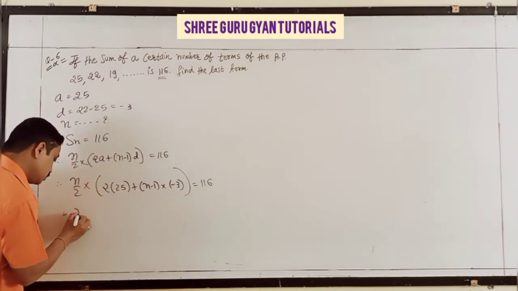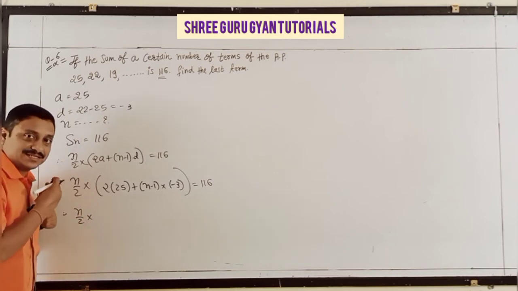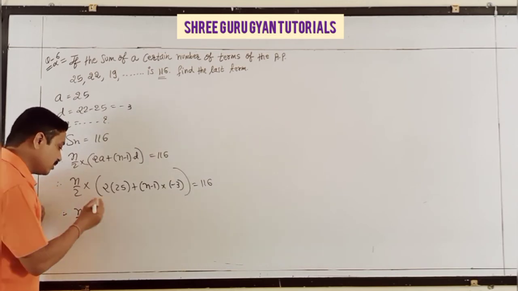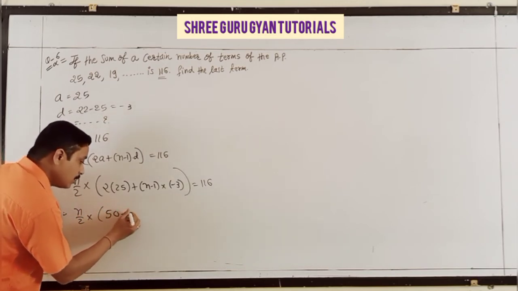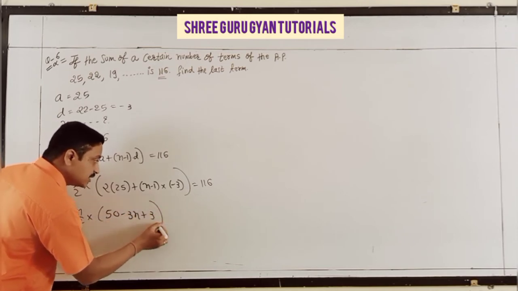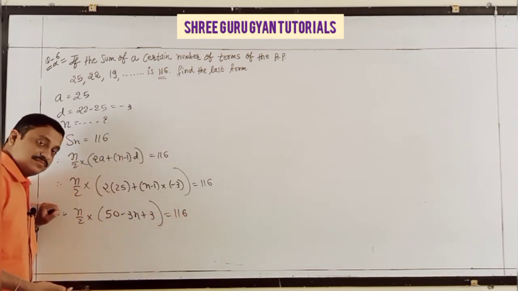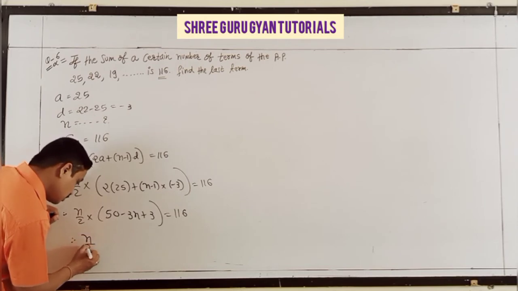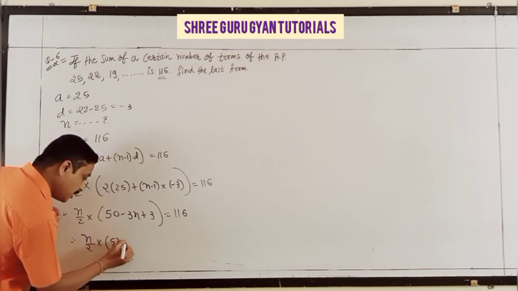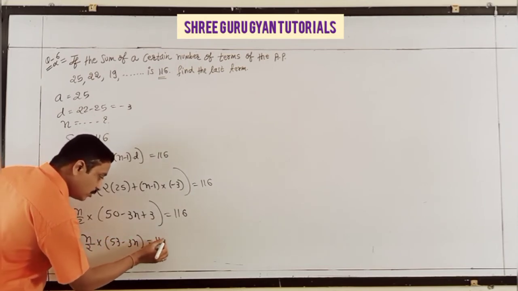So n by 2 I just write down as it is, and here 50 minus 3n plus 3, equals 116. So n by 2 as it is, (53 minus 3n) is equal to 116.